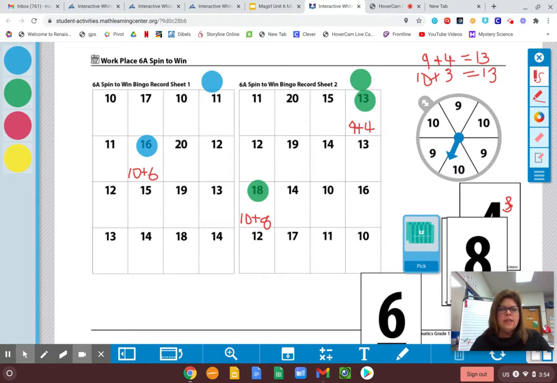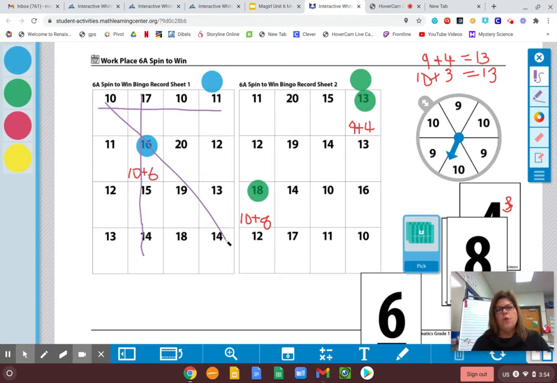So the idea is you are going to continue to play this game until you get 4 in a row. You want to get 4 either straight up and down, any row up and down, or you get 4 across, or you could get 4 diagonal.